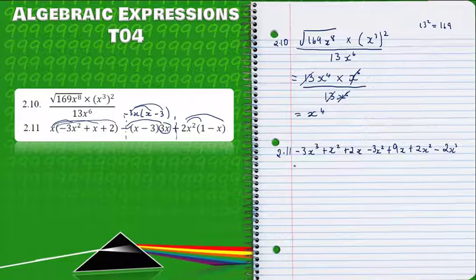All right, so now let's add some like terms. Our highest powers are the x to the power of 3, and we have two of those. So minus 3 minus another 2 gives me minus 5x cubed. When I add like terms, they remain exactly the same.